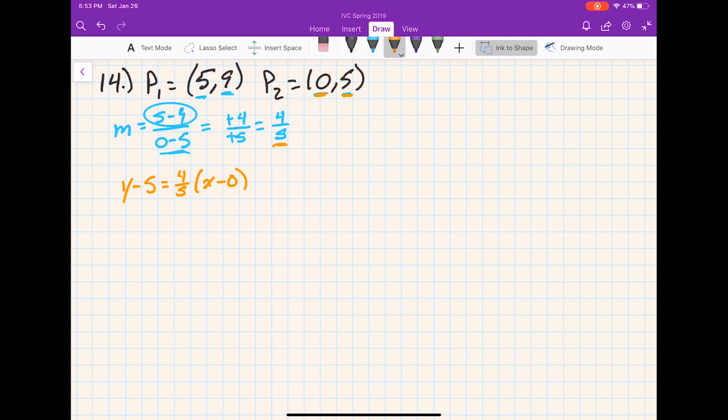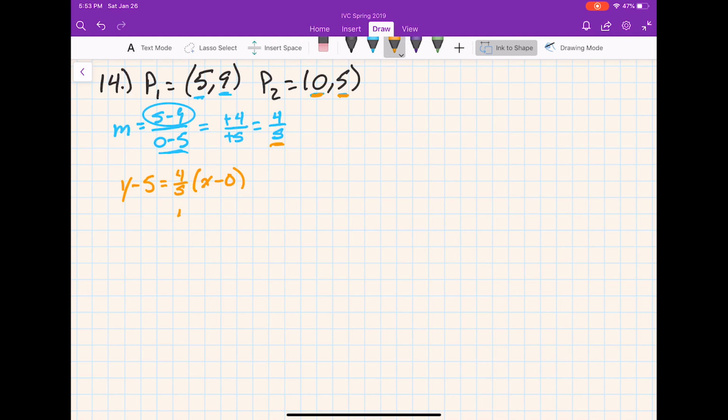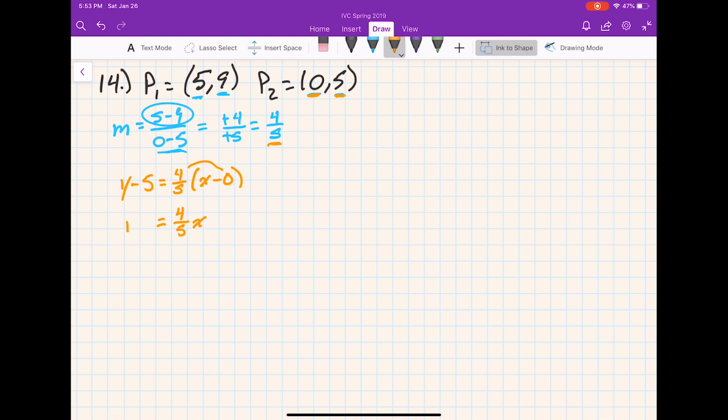Can't end up using that 5. So distribute this. 4/5 of 0 is nothing, so I just leave it like this. And we got y. We can add 5 to both sides, so I'll just put this 5 over here, but we're adding it, right? So plus 5. There you go. There is our slope-intercept form. Then we move to general form.